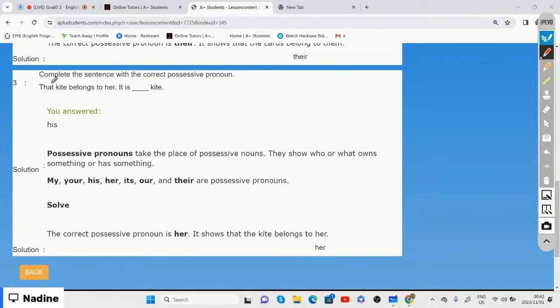So that kite belongs to her. So we said it is hers.